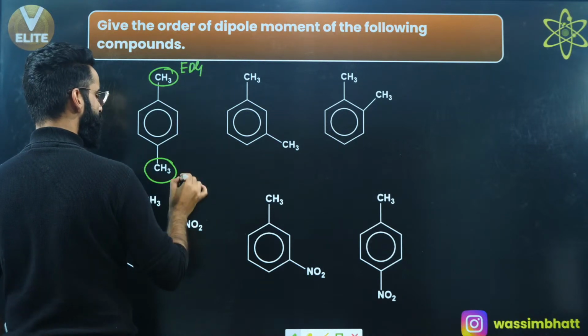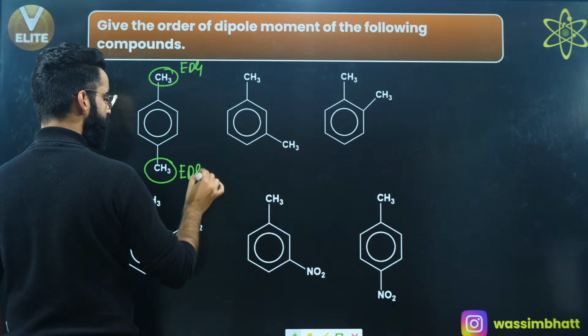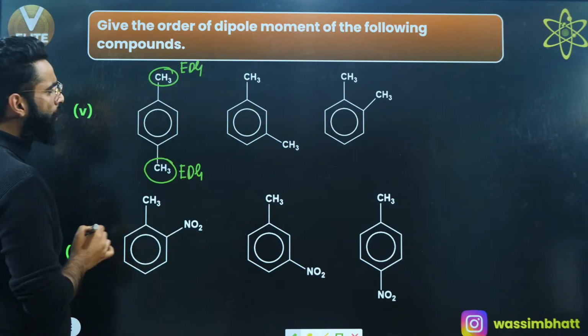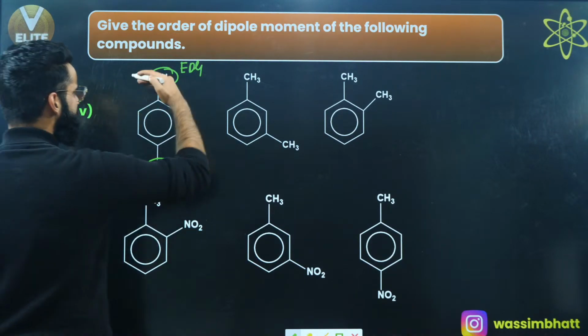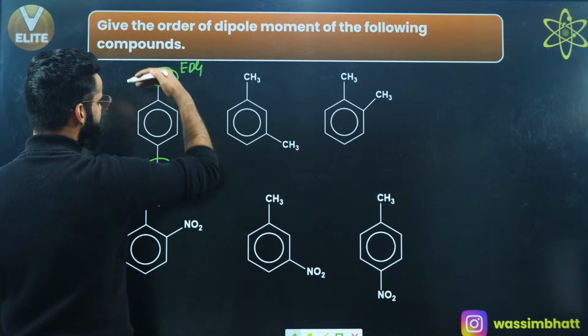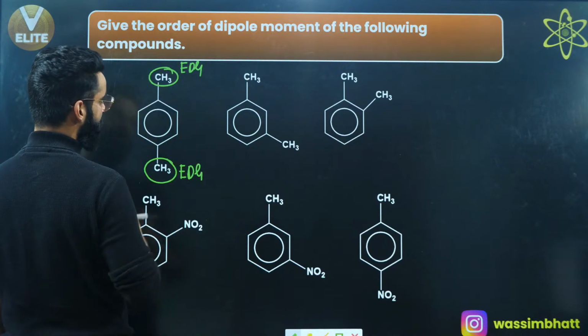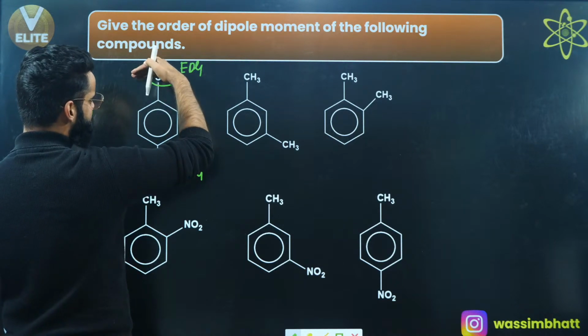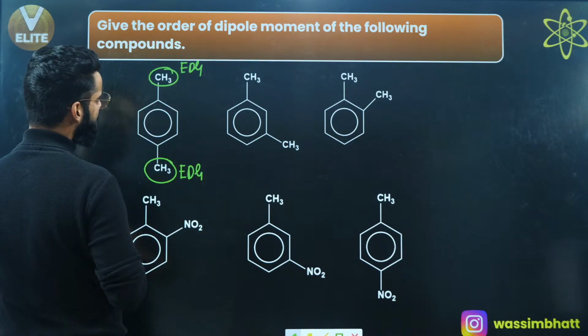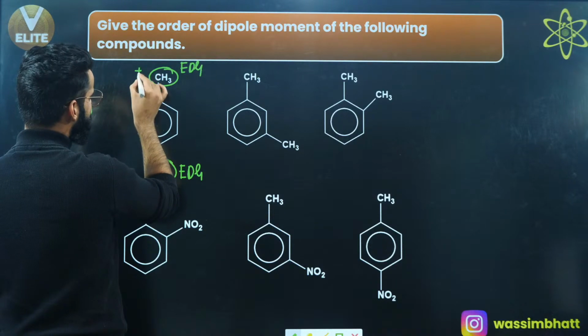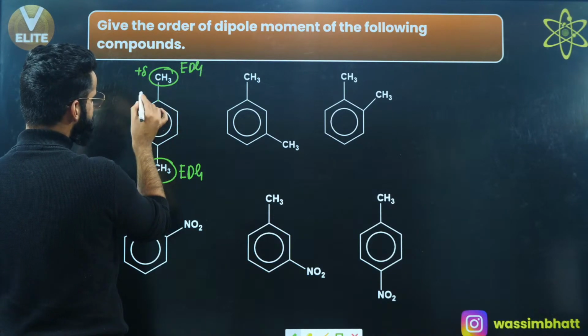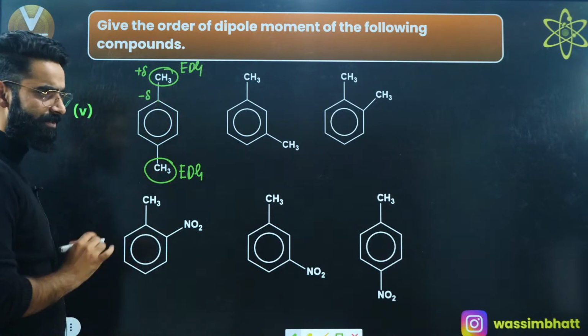This CH3 acts as the electron donating group, and it gives away the electron density towards the benzene ring. So CH3 gets delta positive and this carbon of the benzene ring gets delta negative, right?